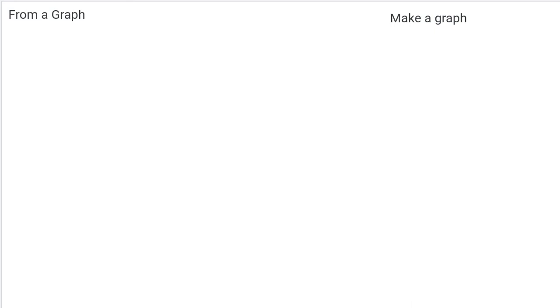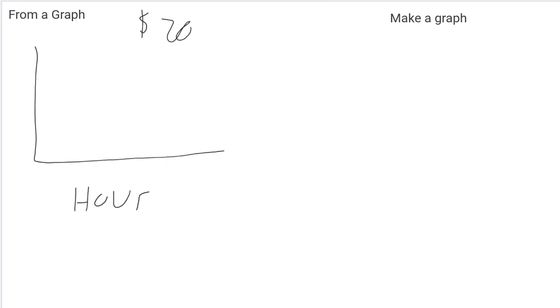And we can also see it from a graph. So let's say in this example, I'm getting paid $20 an hour. So hours would be here, money would be here, 1 hour, 2 hour, 3 hour, 4 hour. So in 1 hour, I'm going to make $20.